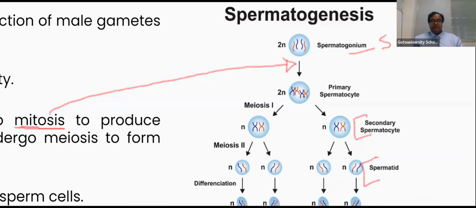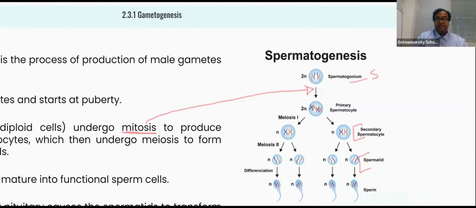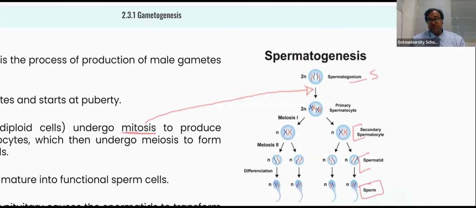Right? So this differentiation process is responsible for bringing the sperm. That indirectly denotes this differentiation is also called the maturation process. Differentiation is also called the maturation process. By this process, the sperm is formed from spermatid. The spermatid is nothing but an immature sperm, and spermatozoa is nothing but a mature sperm.